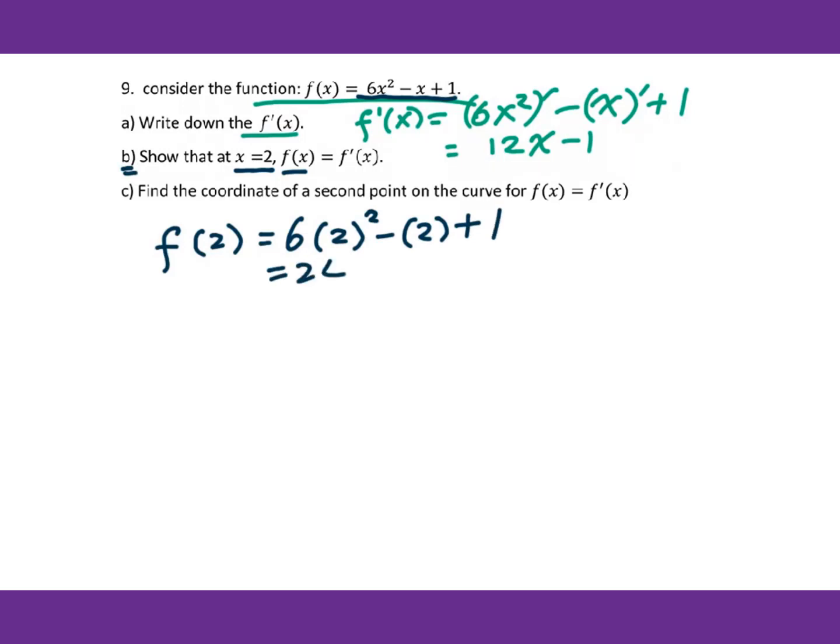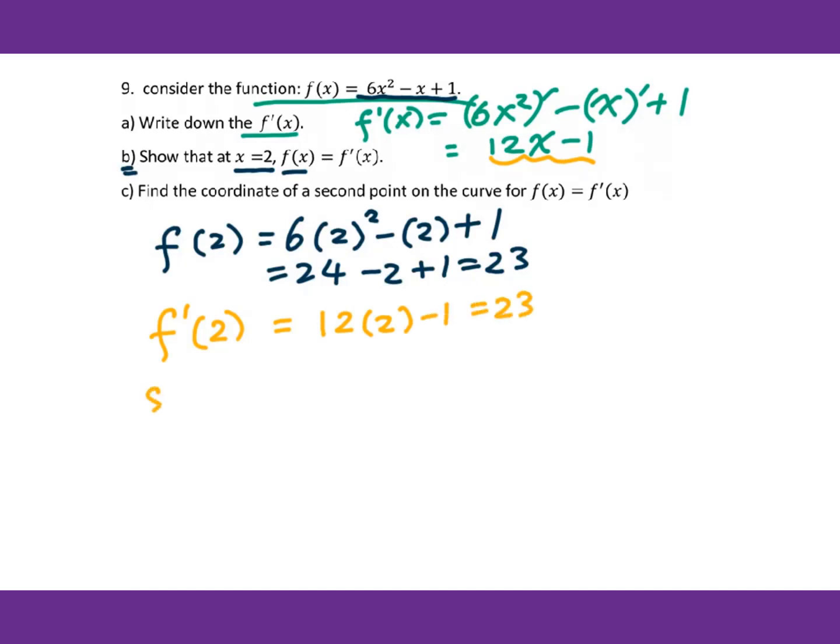We will get 24 minus 2 plus 1 equals 23. Then for f prime of 2, we plug in here, get 12 times 2 minus 1 equals 22. So we have f of 2 equals f prime of 2.